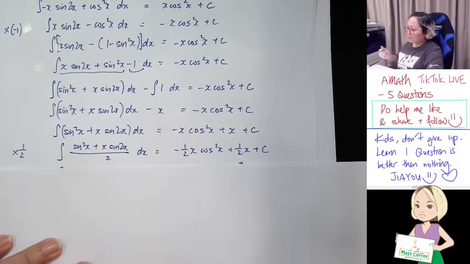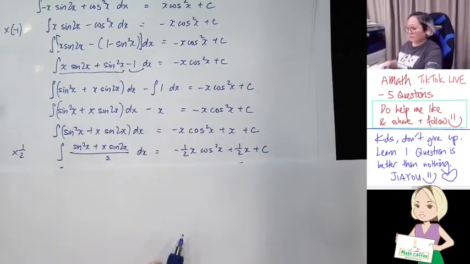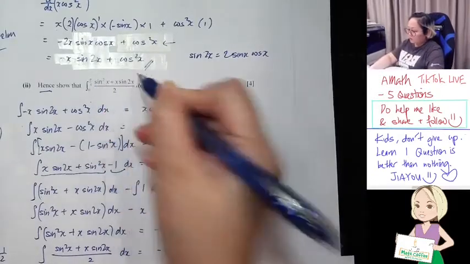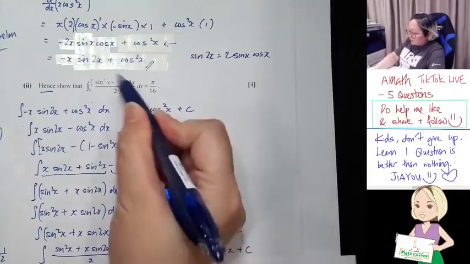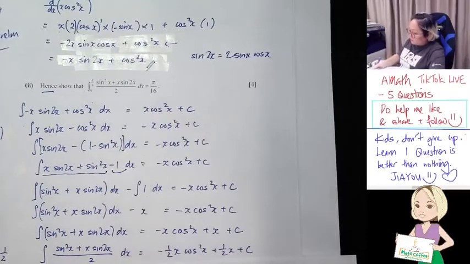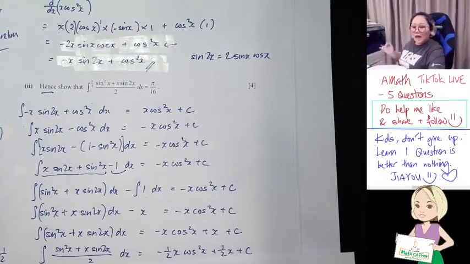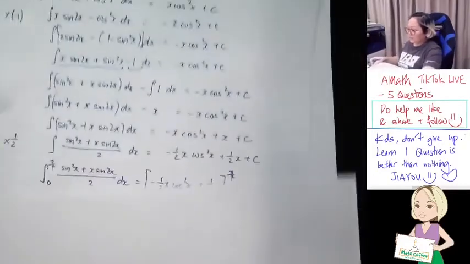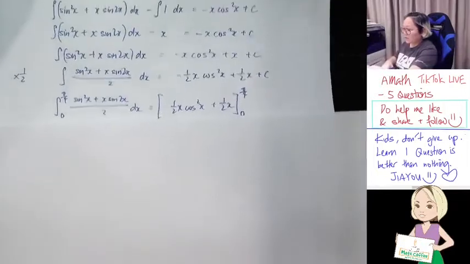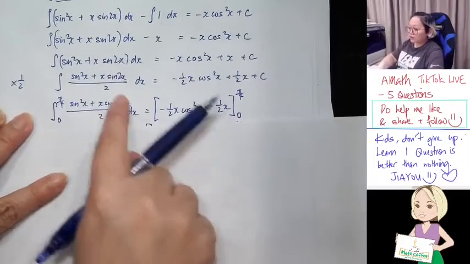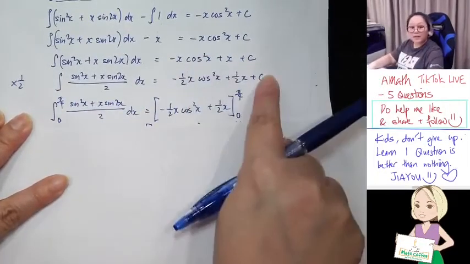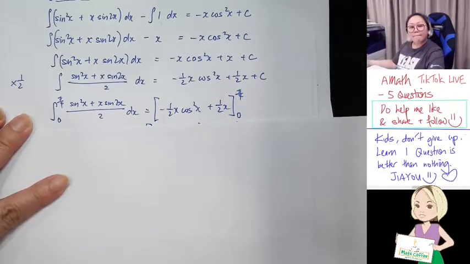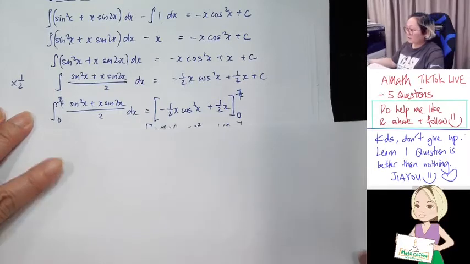So do you see that actually I already solved it? It means that I already did the integration. The integration of this one is equal to this. Agree? And on the side here, there's a definite integral. So now I can say, the question asked me to do this, I will put the right hand side, just sub in the pi over 4 and 0. Then of course next is just sub it in.